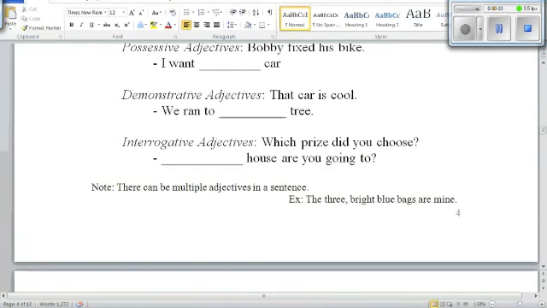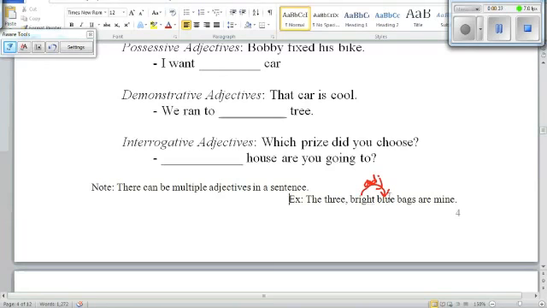I need to add one more item, one more lesson onto the end of this adjectives intro. It's important for you to know that there can be multiple adjectives in a sentence. So first of all, adjectives can modify other adjectives. Like in this sentence, the 3 bright blue bags are mine. Bright here is telling us more about blue. It's telling us what kind of blue they are.